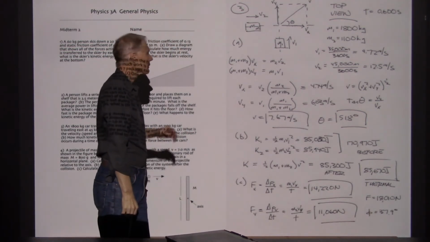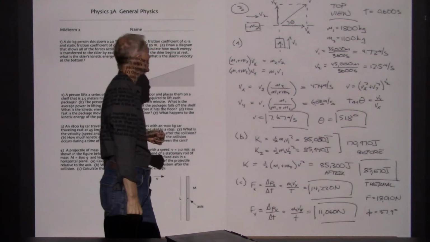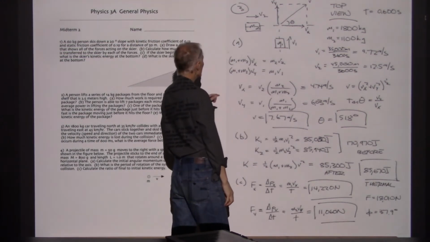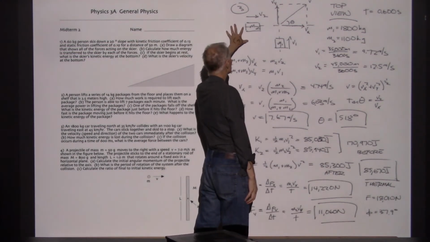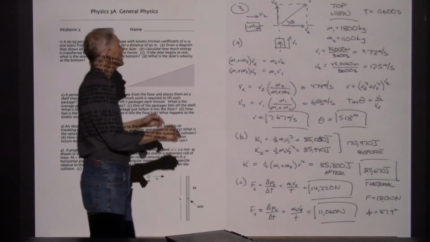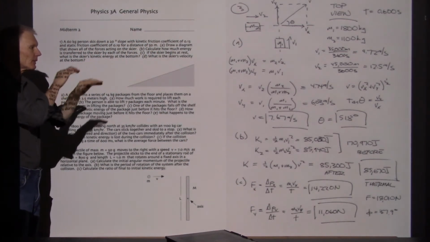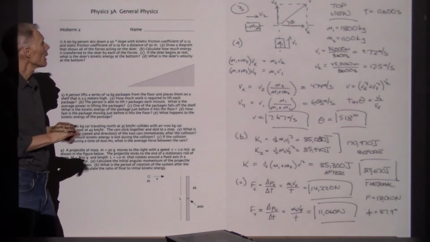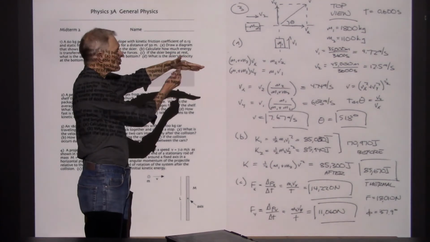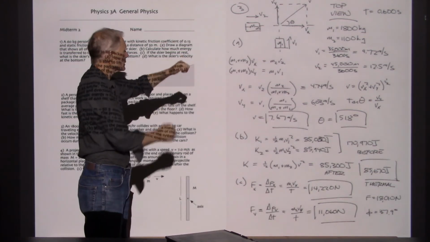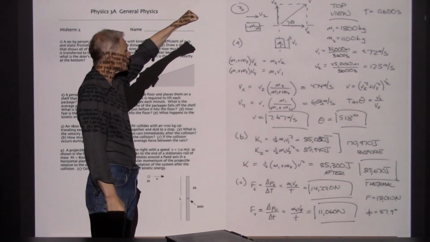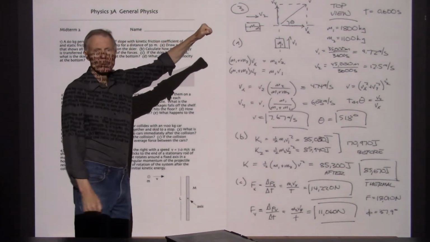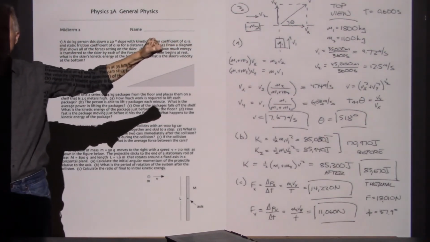The same thing applies in the Y direction. In the Y direction, maybe it's easiest to look at car 2. Car 2 comes in with no momentum in the Y direction, but object 1 exerts a force in the Y direction, and that pushes car 2 so that it acquires momentum in the Y.